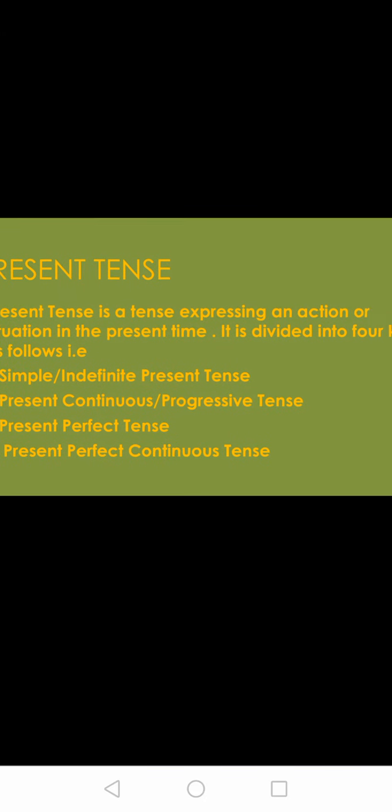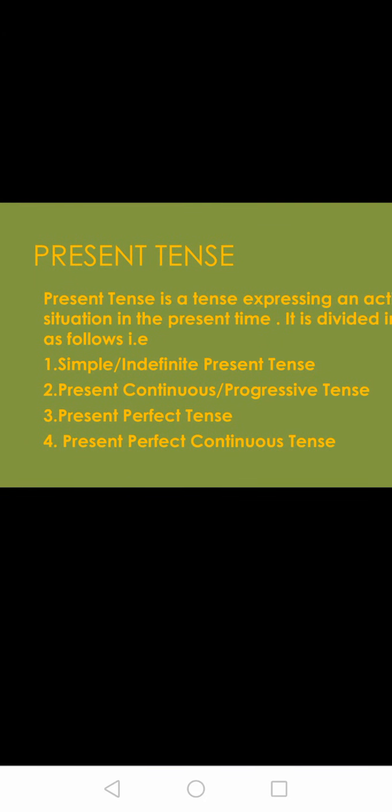Okay. It is divided into four kinds as follows. As I already told you, this present tense is divided into four kinds, that is simple indefinite present tense, present continuous, or we can say progressive tense, present perfect tense, present perfect continuous tense.